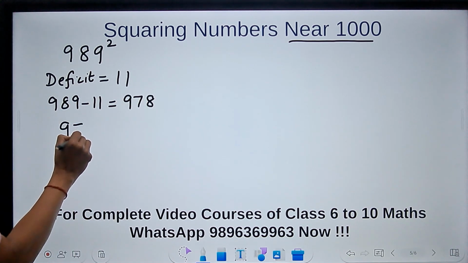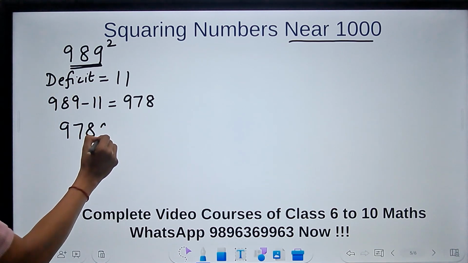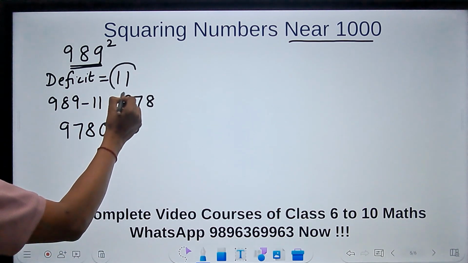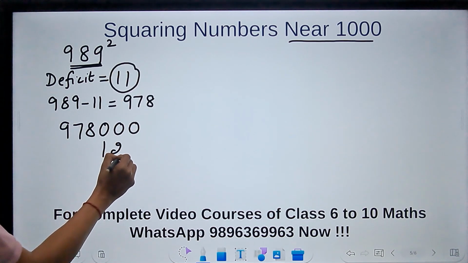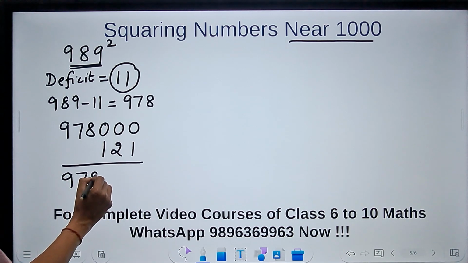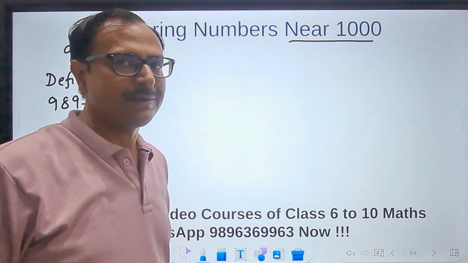And 978 will be suffixed by, because this is close to 1000, 3 zeros now. And what is the square of the deficit? It is 121. And so your answer is 978121, which is the square of 989. Now you can check using either the traditional method or the calculator. You will find that the answer is absolutely correct.